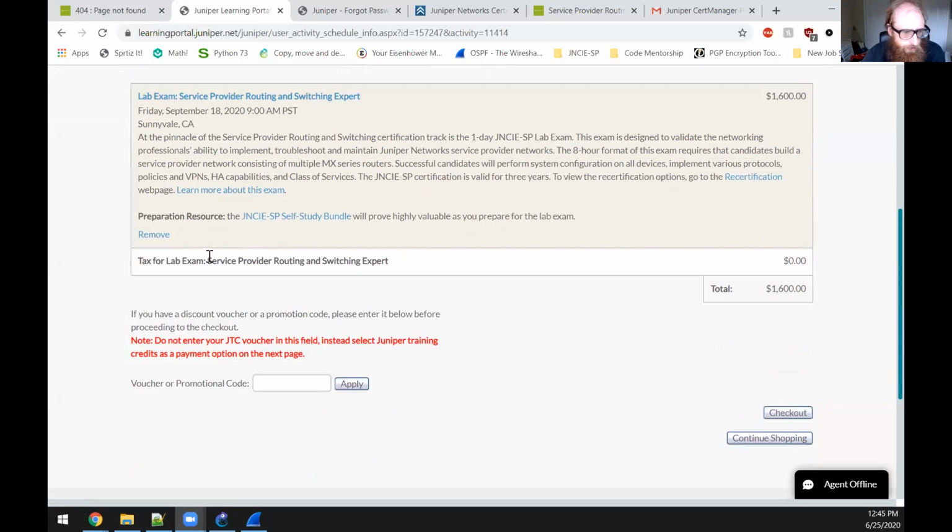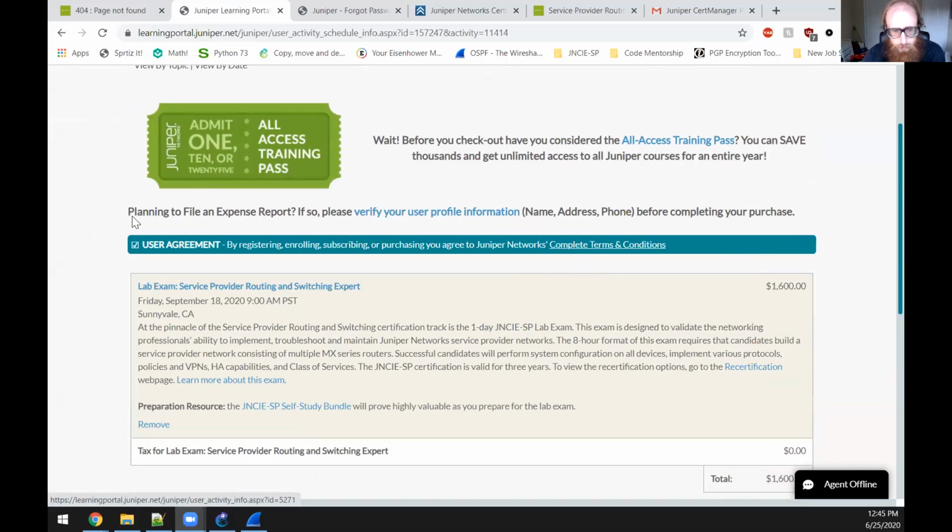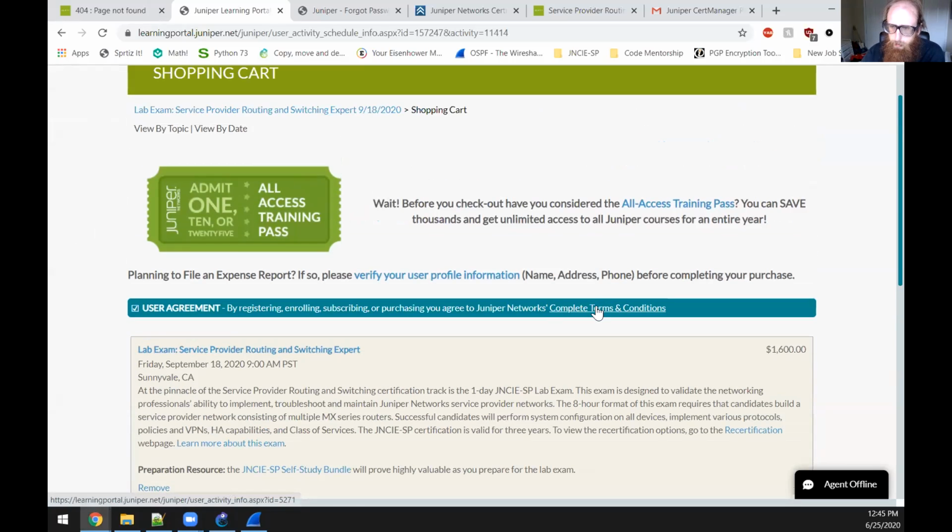I'm not quite ready to do it yet, but I just wanted to see if there were any big announcements. Here's a user agreement. I want to look that over for anything regarding COVID-19, like if they cancel it because of a lockdown, you can't get refunded or you can't get rescheduled. That would be good to know.